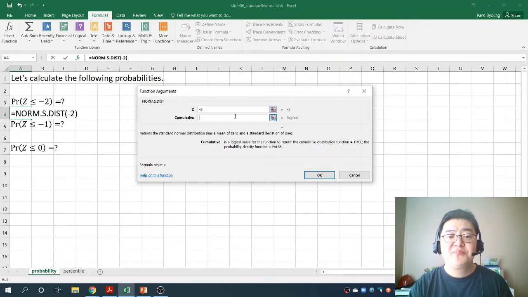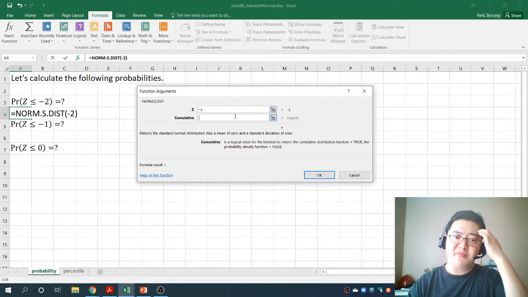And for cumulative, you have to choose either true or false here. If you put true, then it will calculate the cumulative distribution. But if you put false here, then it will calculate the probability density. So in this case, we are interested in the cumulative distribution because we are looking for the probability smaller than or equal to -2, which is a cumulative probability.